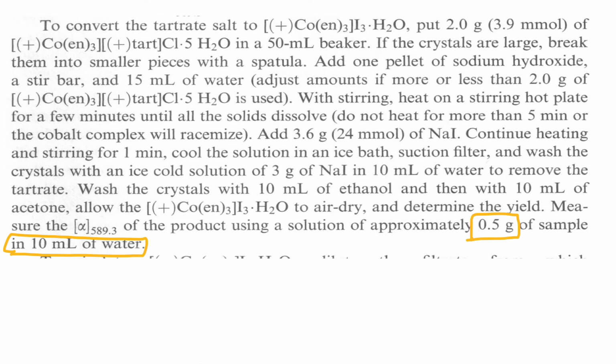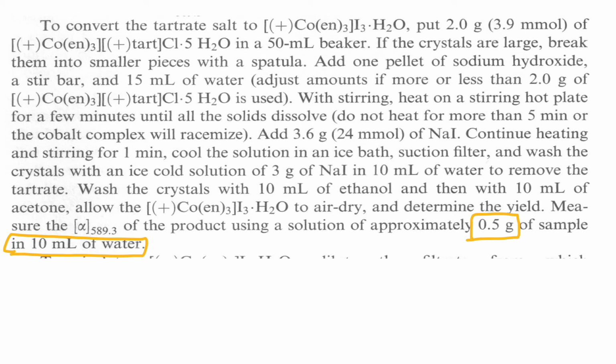Now, to measure the optical rotation, we have a vessel for the polarimeter. It's a digital polarimeter. You don't have to look at the lens and check the rotation. First you dissolve 0.5 gram of each of your enantiomers in 10 ml water, and you fill the vessel and take the measurement.